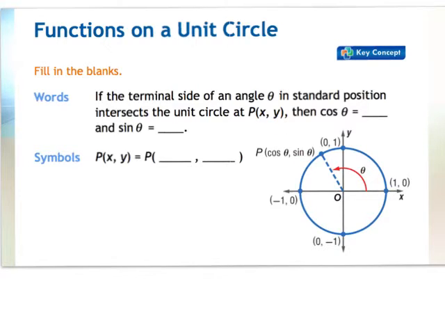So cosine theta would represent the x coordinate, and sine theta would represent the y coordinate. So instead of this ordered pair of x comma y, now we're going to look at the point P as cosine theta and sine theta.